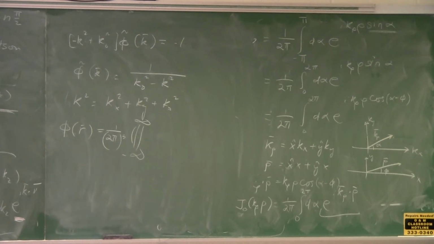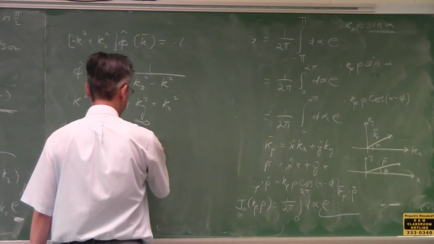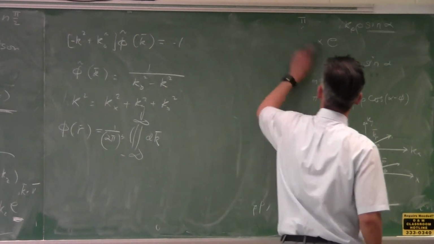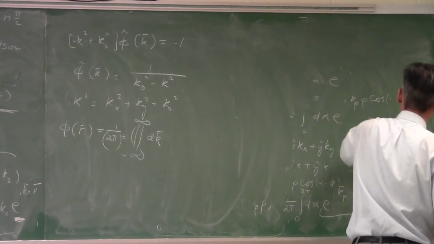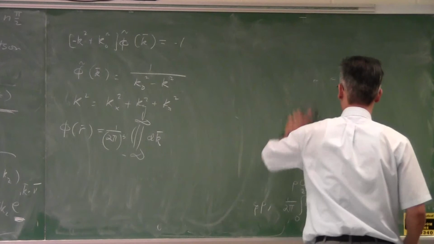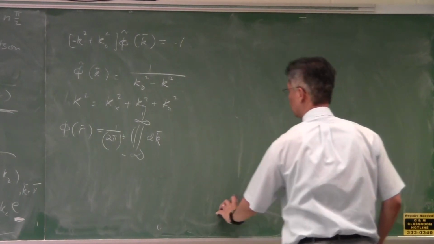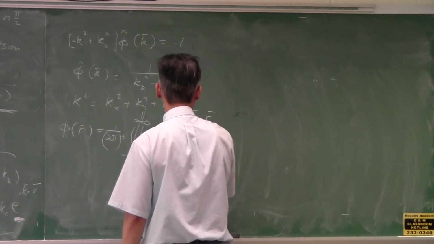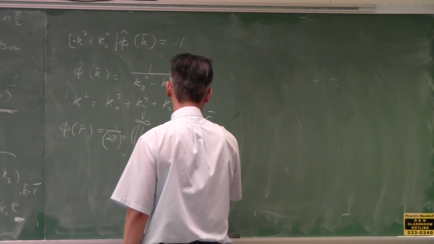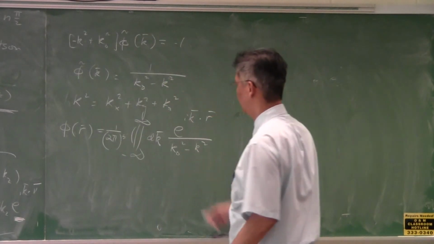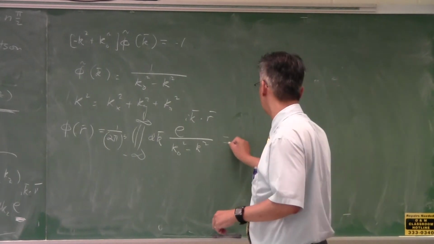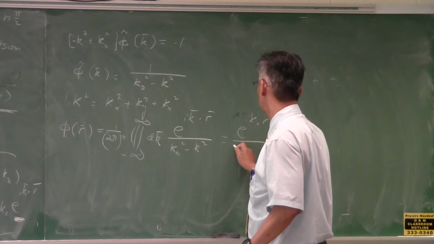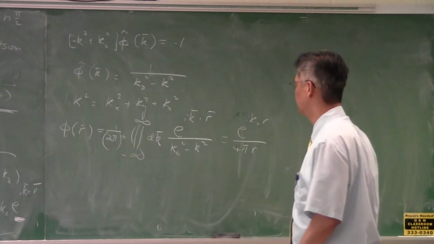The triple integral dk here means dkx, dky, dkz, of e to the i k dot r over k naught squared minus k squared, and this must be equal to e to the i k0 r over 4 pi r.